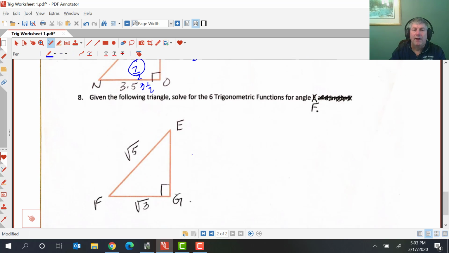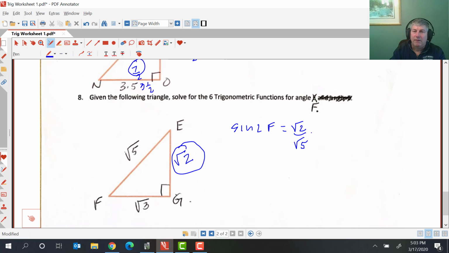And then finally on 8, a 3, 4, 5 is not a square root of 3, square root of 4, square root of 5. Doing our Pythagorean theorem, we actually get the square root of 2. So this one gets kind of messy. It looks like we're working from angle F here. So the sine of angle F would be the square root of 2 over the square root of 5.